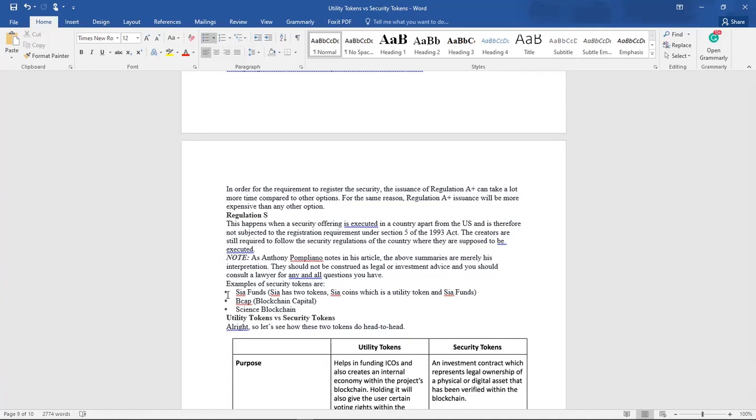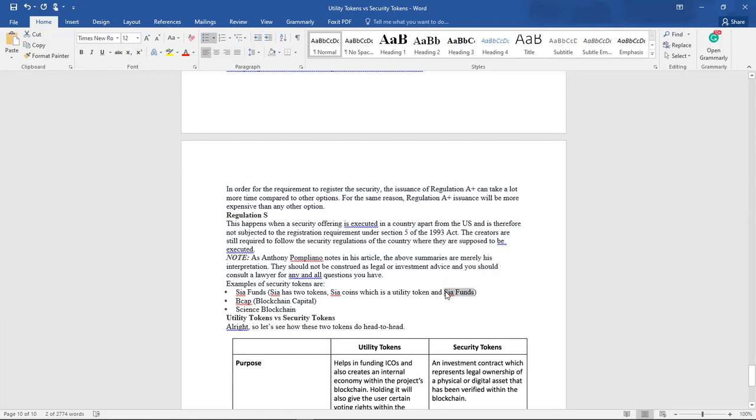Some examples of security tokens are the SIA coin. SIA has two tokens: SIA coin, which is a utility token, and SIA FAD.